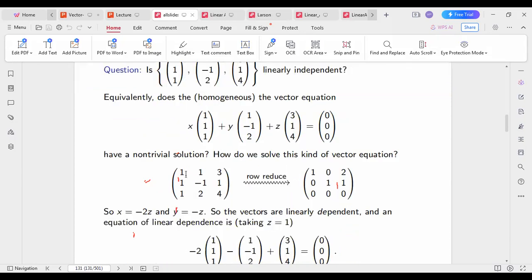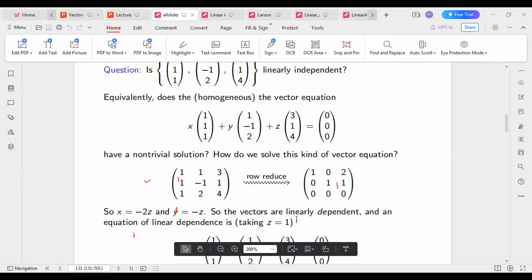Suppose this is the matrix form, with first row, second row and third row of ones. Doing row reduction, just subtracting, we get this. Here we obviously get x equals minus 2z and y equals minus z.